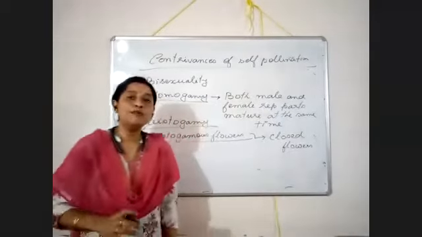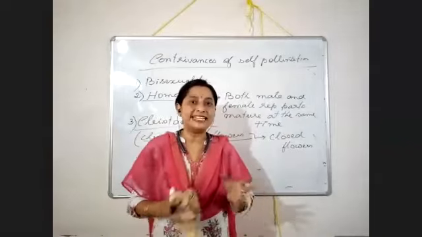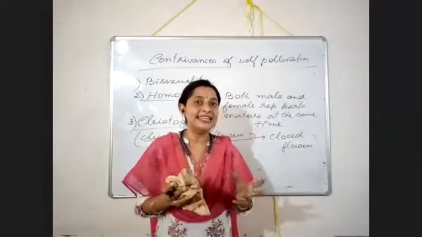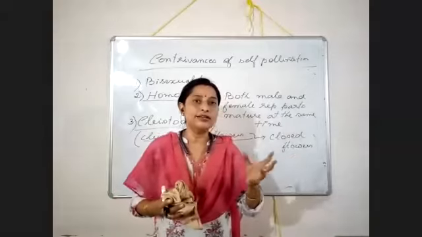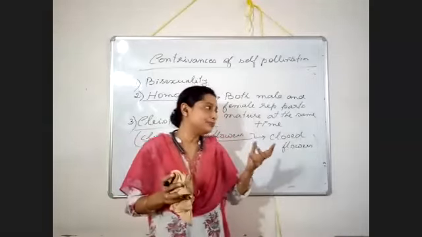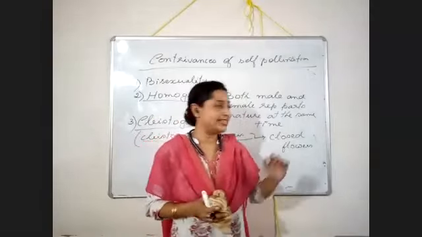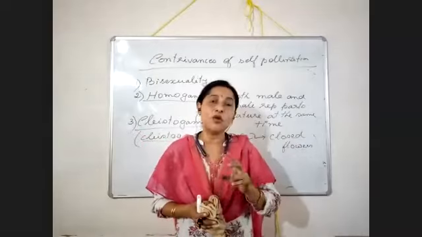We have open flowers and we have closed flowers. What is an open flower? If the petals open out, then the reproductive parts get exposed. In that condition, we use the term open flower.